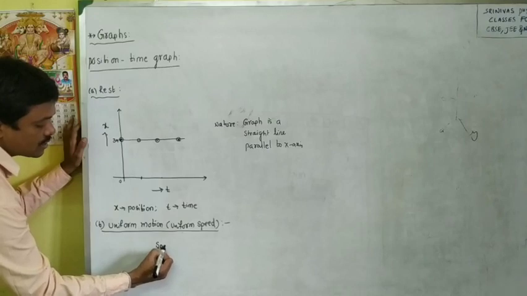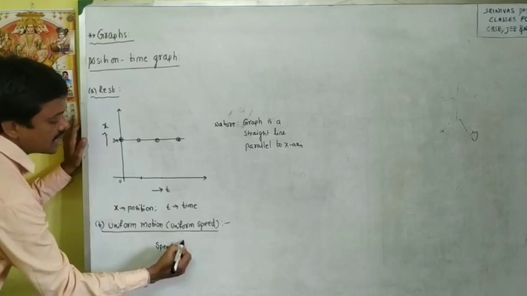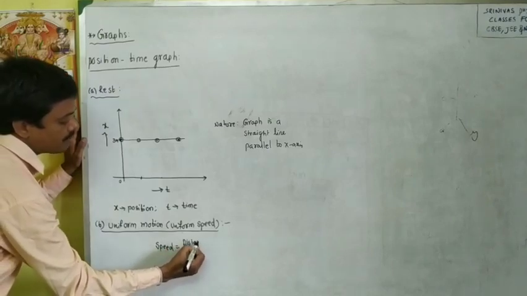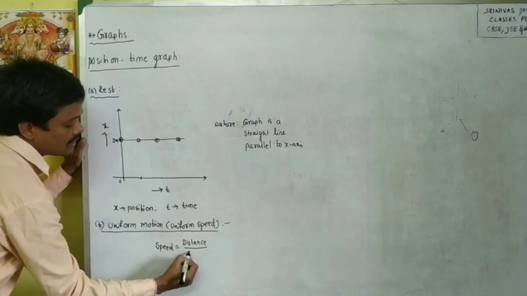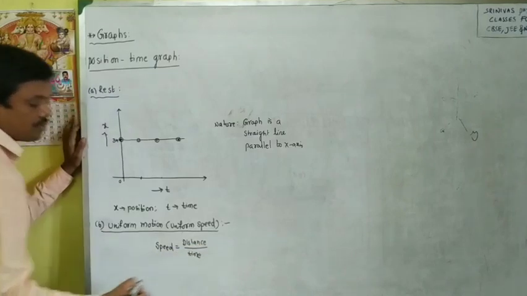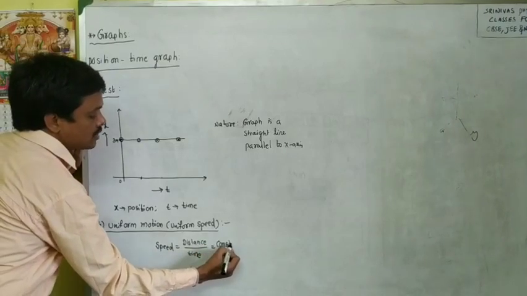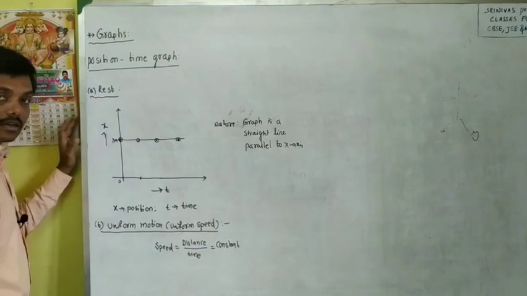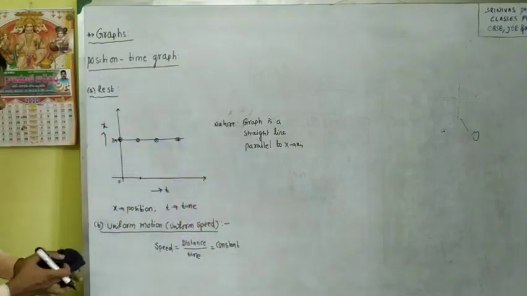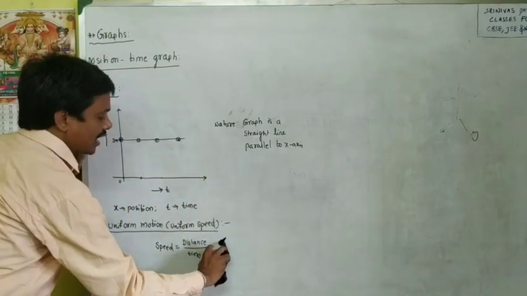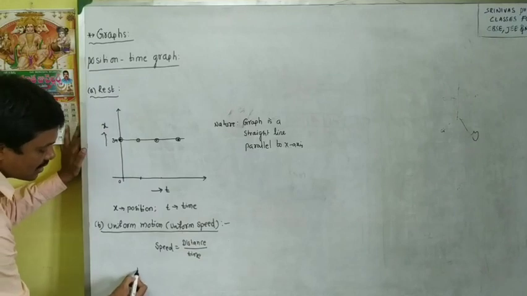What is the formula for speed? Speed is equal to distance by time, right? Now, when will the speed be constant? If distance and time, if both are constant, then the speed will be constant.